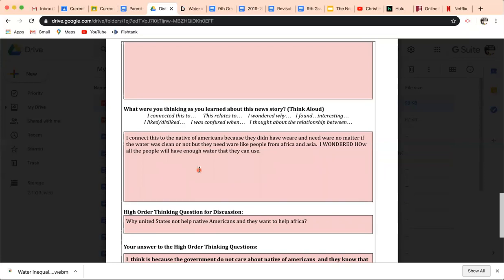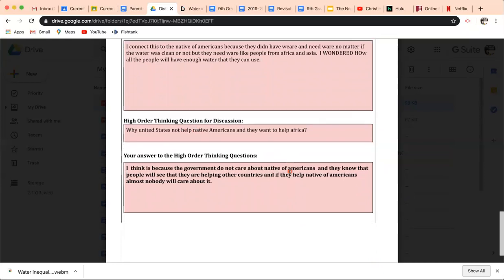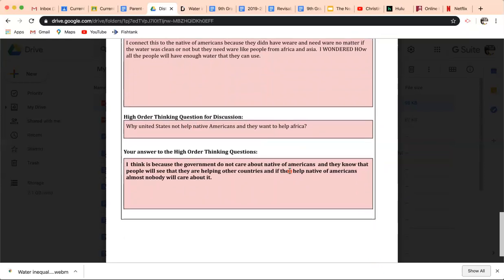And again, well developed. All right, high order thinking question. They did put a high order thinking question. Why the United States not help Native Americans and want to help Africa? Well, I don't know. Okay, so I think it's because the government do not care about Native Americans and they know that people will see that they're helping other countries.